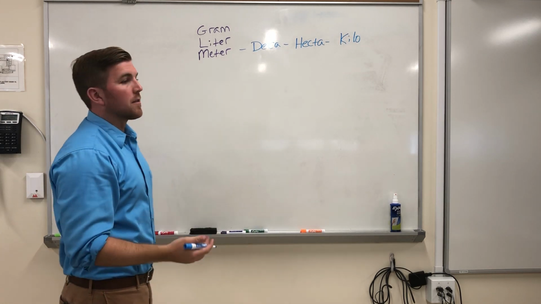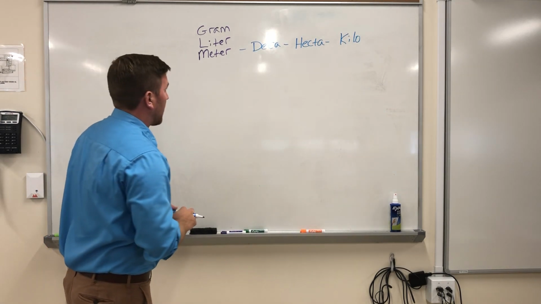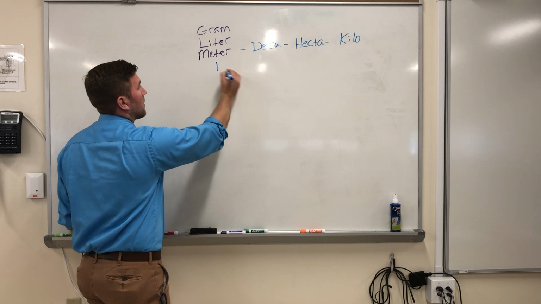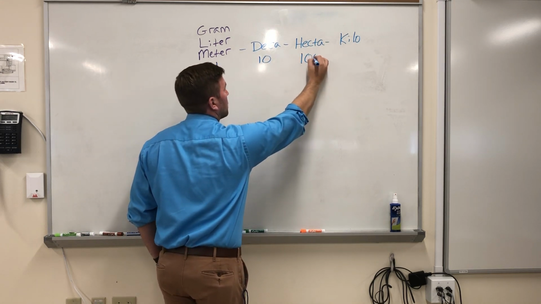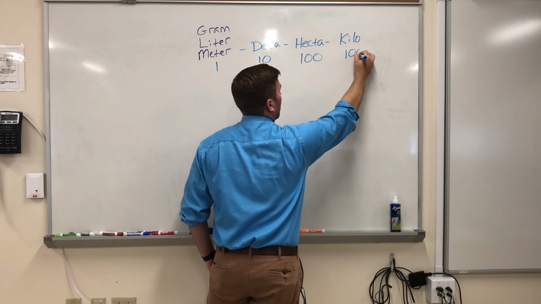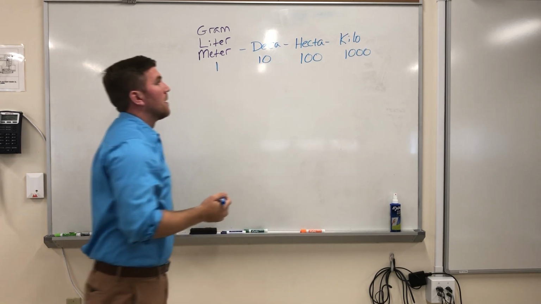For these prefixes, they all go in powers of 10. So we have our base unit, we have 1 power of 10 higher, 2 powers of 10 higher, and 3 powers of 10 higher.